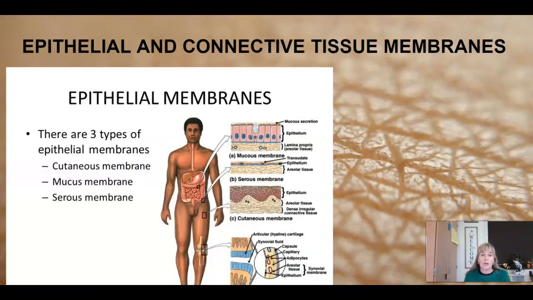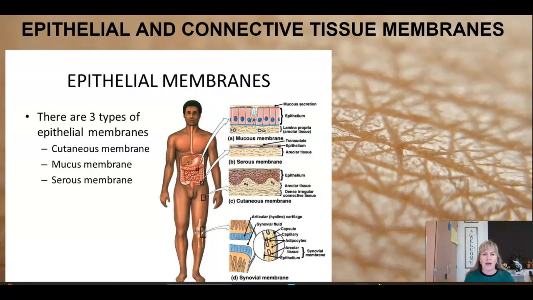So let's go on to the different types of epithelial membranes. We have epithelial and connective tissue membranes that are part of the integumentary system, but most of them are going to be counted as an epithelial membrane. When we are looking at epithelial membranes, we're looking at the cutaneous membrane, the mucous membrane, and the serous membrane.